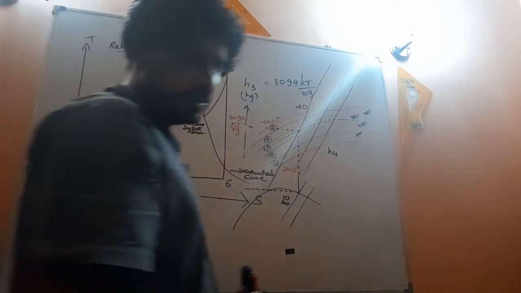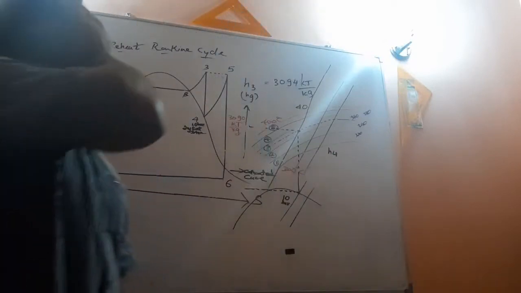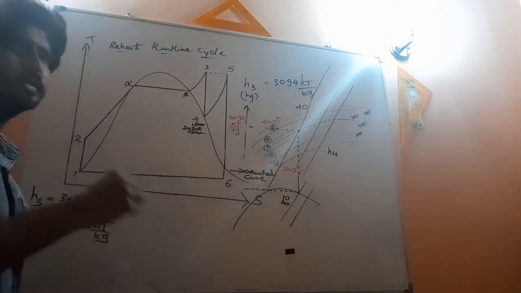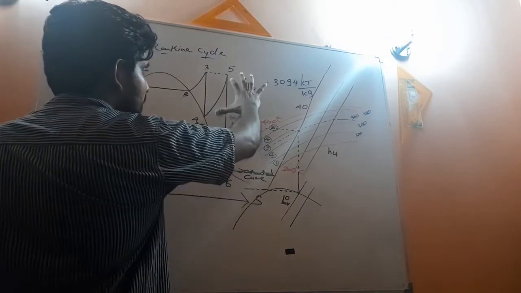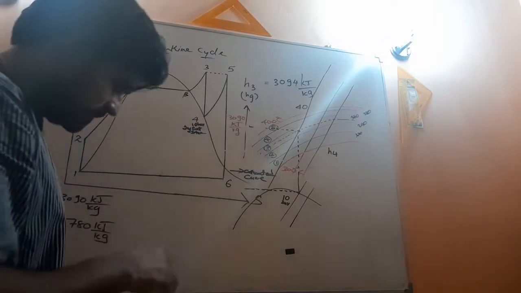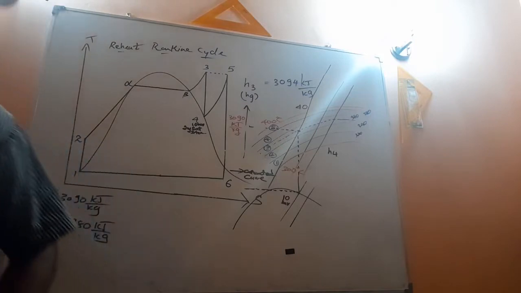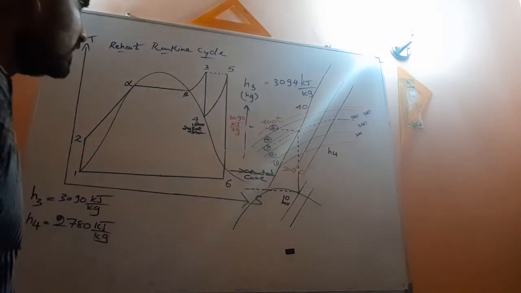Now, according to the reheat Rankine cycle, when the first expansion ends at point 4, the steam is reheated again. So now you know where the reheater is. This point 4 to 5 is a reheating process.